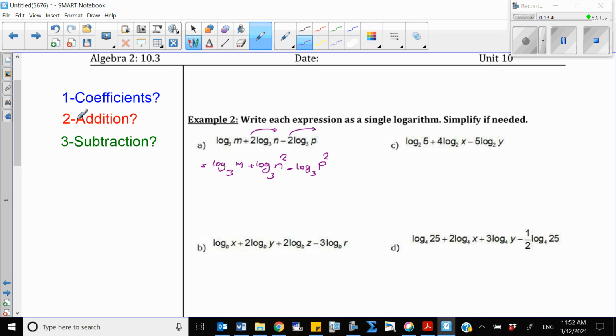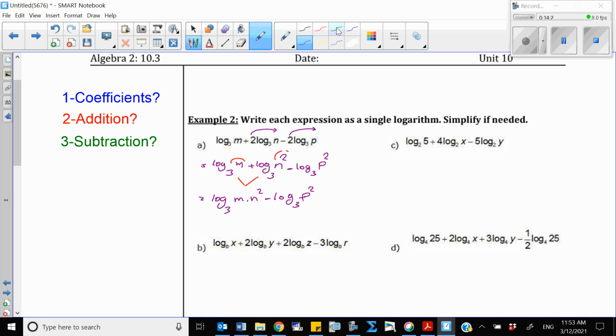Next, do I have any addition? Yes, I have an addition here. So I can write these two as just one log. So I'm just going to write one log for these two and multiply the arguments here. M times n squared. So this is log of m times n squared. And the next one was negative log base 3 of p squared. Okay, now, do I have any subtraction?